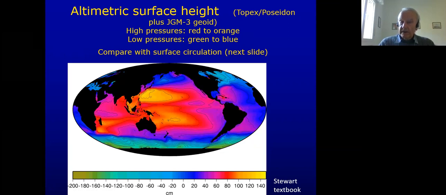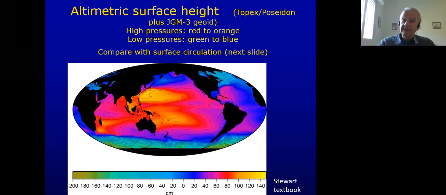If the ocean were vertically homogeneous, then this kind of pressure, which is associated with this kind of sea level anomalies, would be equal all over the water column.